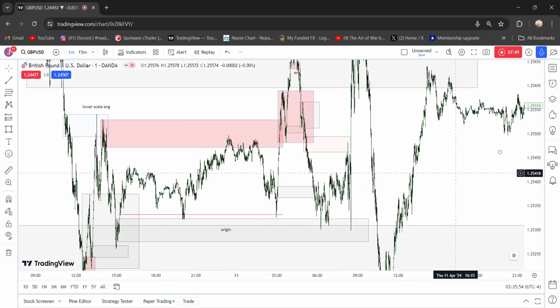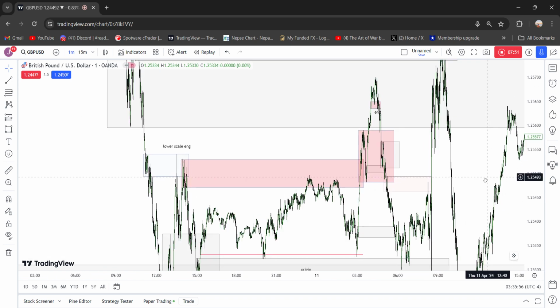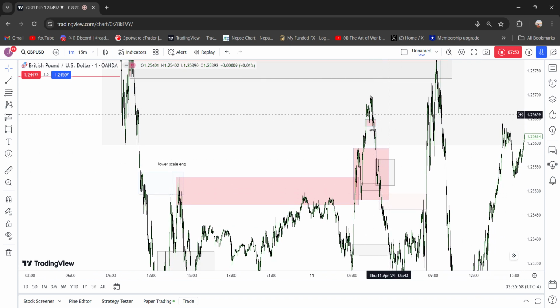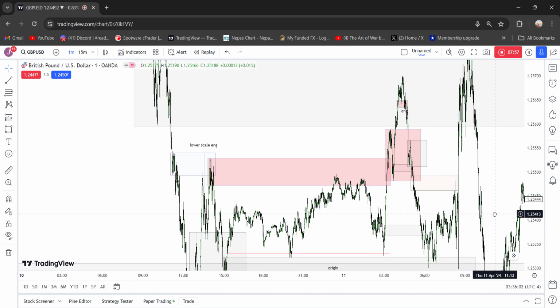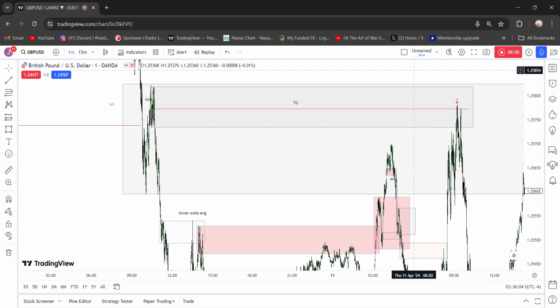And initially my bias was to short around here. Now when price consumed all the orders in here, there is only one order left in this whole zone, meaning this particular zone was the perfect place to trade for me.